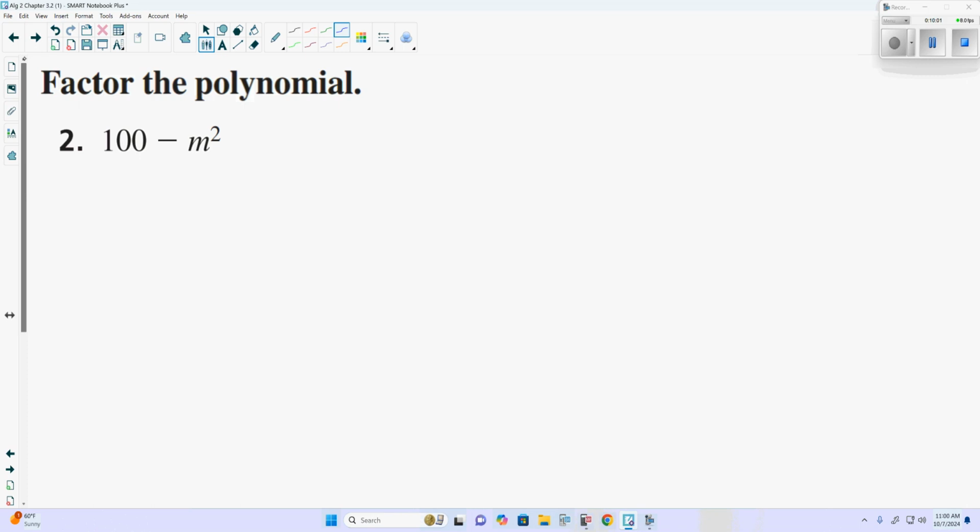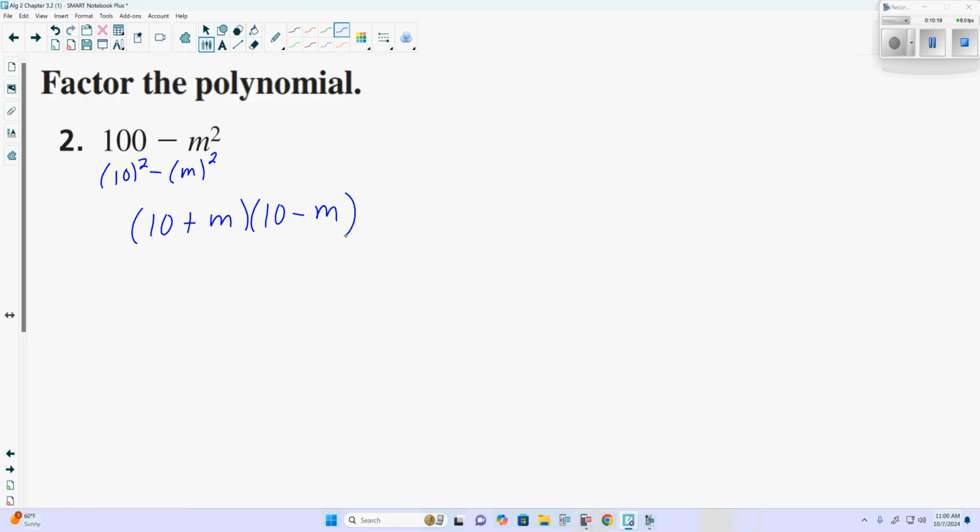Here, our a term, 10 squared, would be 100, yes? m squared is our b. So if we factor this, what would we get? 10 plus m times 10 minus m.